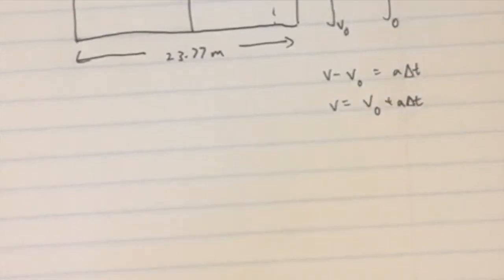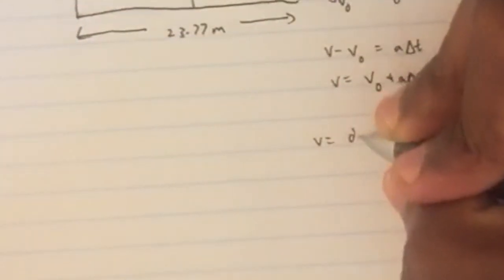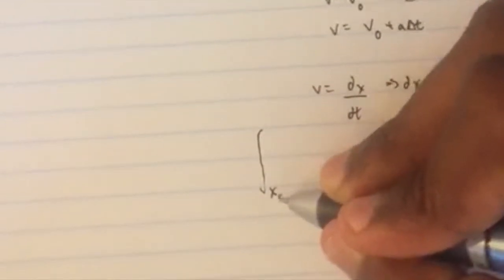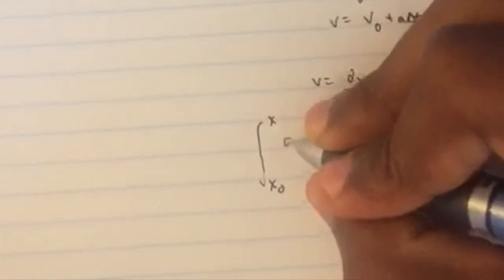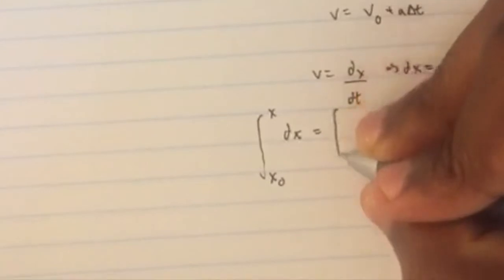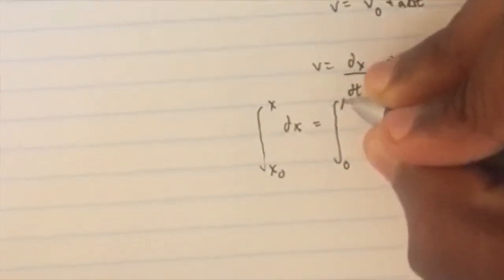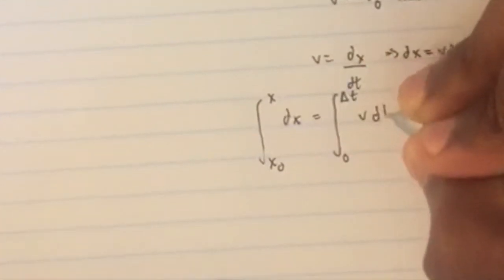Now to find the distance equation using the velocity equation. We know velocity is equal to dx over dt. And we again perform separation of variables to get dx is equal to v times dt. Now we take the integral on both sides. So we have the integral from x0 to x of dx is equal to the integral from 0 to delta t of v dt.